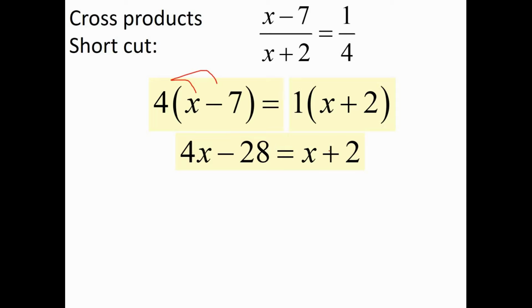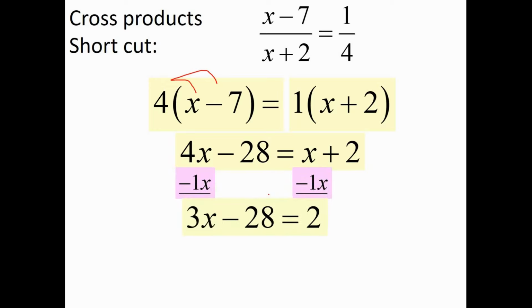So you have 4x minus 20 equal to x plus 2. Pagsamahin lahat ng may variable at lahat ng walang variable, you get 3x minus 28 is equal to 2. So 3x is equal to 30. Divide both sides by 3. So x is equal to 10.